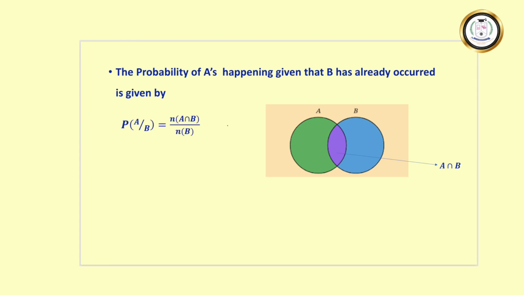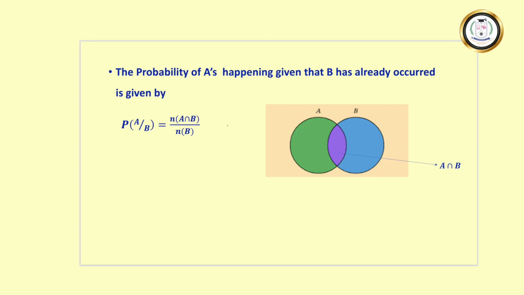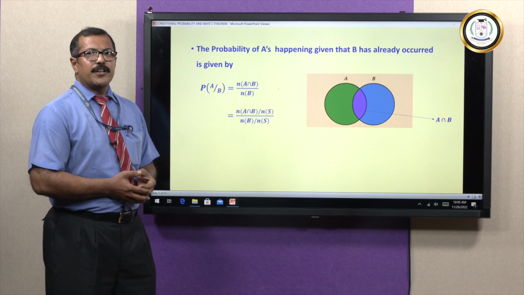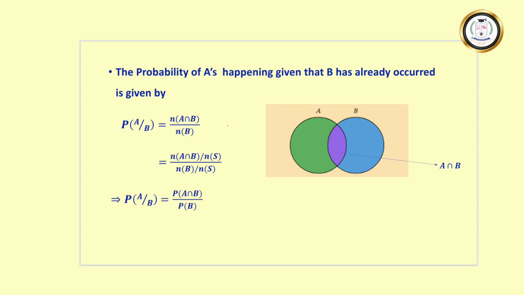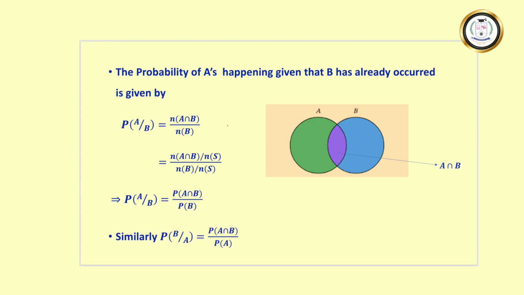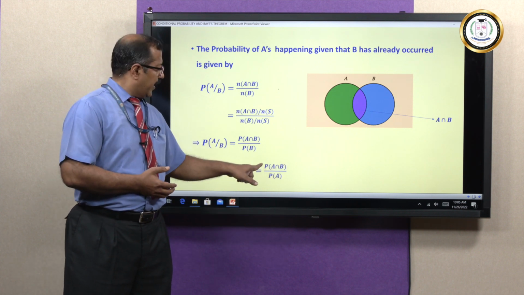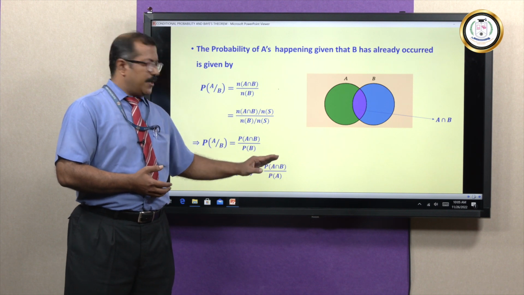So, P of A given B is the number of occurrences of A intersection B divided by N of B. We can divide both numerator and denominator by N of S, and after dividing, N of A intersection B by N of S becomes probability of A intersection B, and N of B by N of S becomes probability of B. So, P of A given B is P of A intersection B divided by P of B. Same way, P of B given A will be P of B intersection A divided by P of A, but A intersection B and B intersection A are the same. So, we can denote it as P of A intersection B by P of A.